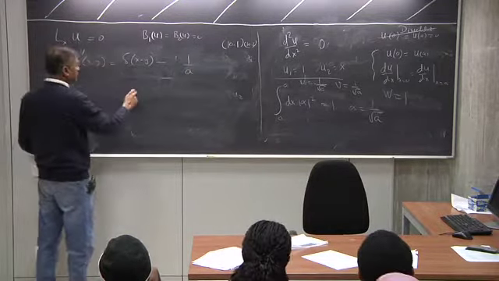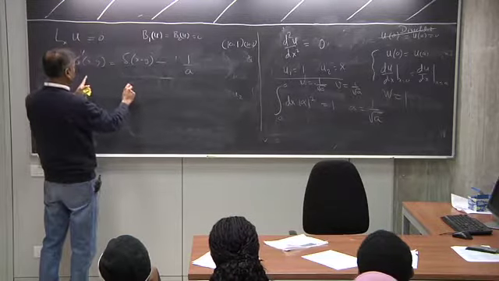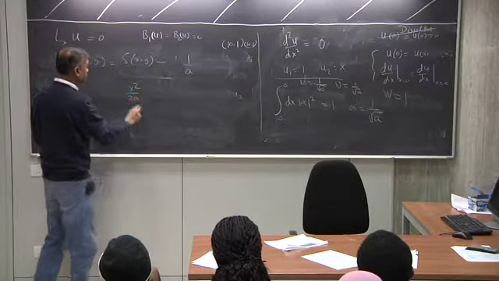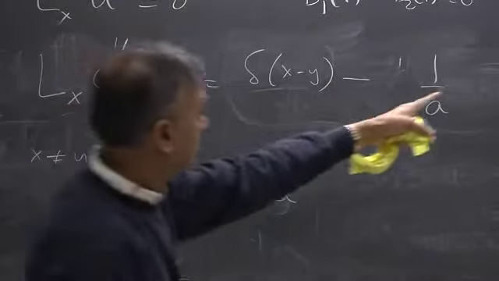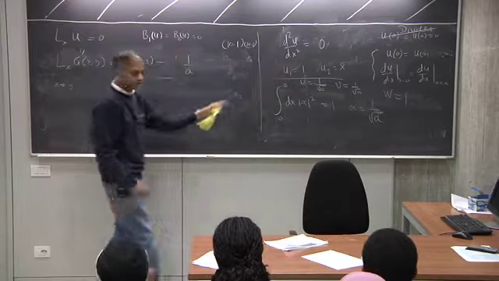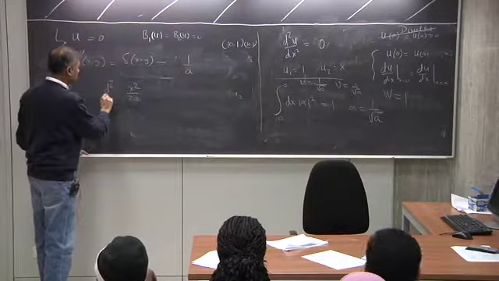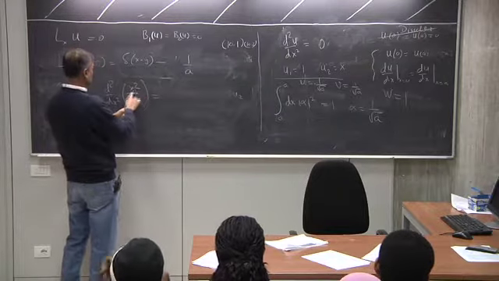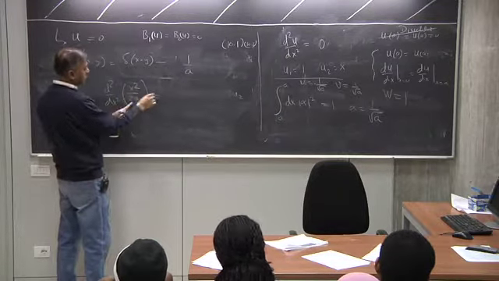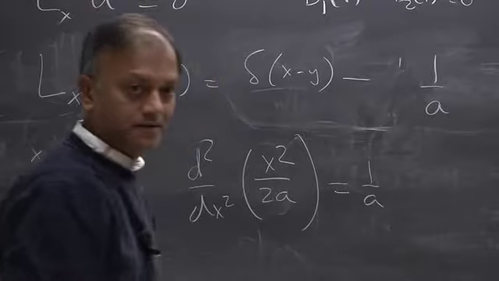I mean, if I choose anything which goes like, let's say, x squared by 2a, right? See, if you apply this differential operator, Lx, which is d2 by dx2, on this object, you find that this is equal to 2x, the 2 cancels, so it's just 1 over a, right?